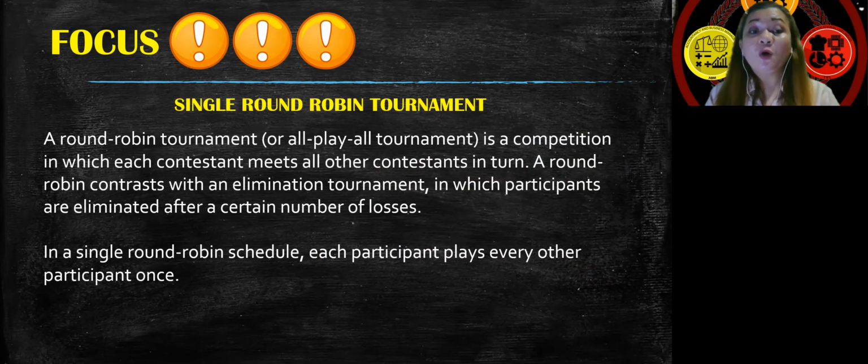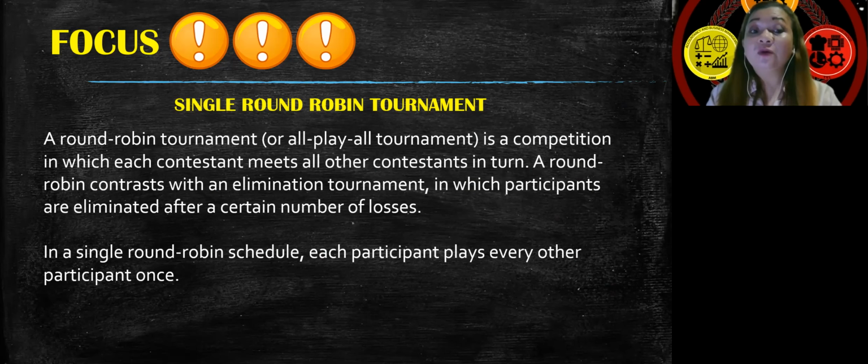But as time went by, it was corrupted. The term ruban was corrupted, and soon it was called robin. So that is where round robin came from.